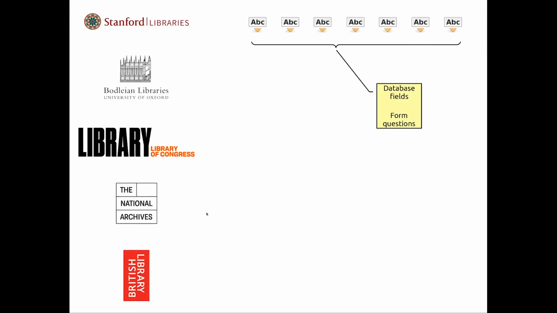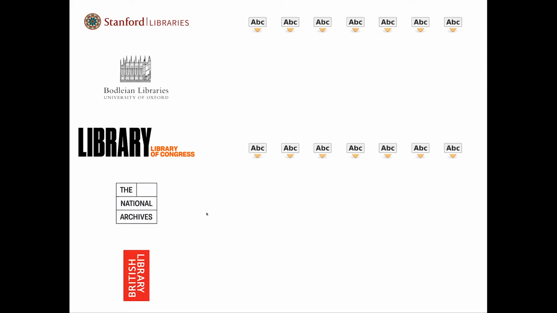And I'm going to explain now how this could be done. So we have a few institutions here, they want to share their observations, their records. So we have, say, a database from Stanford Libraries, and you can see the fields at the top of the slide over there. These are the database fields, yeah? And we have similar fields from another database at the Library of Congress.